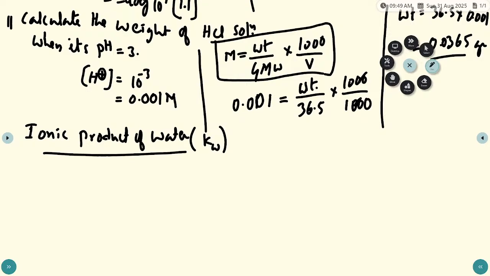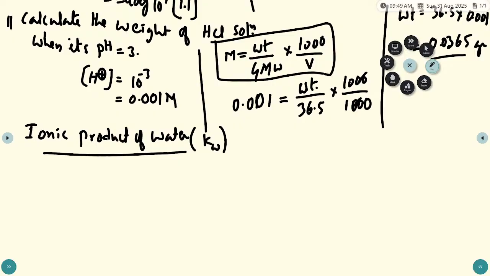So here water is a weak electrolyte. Weak electrolyte means it undergoes partial dissociation. Let us go in depth.